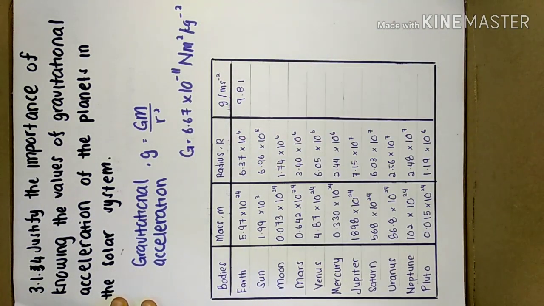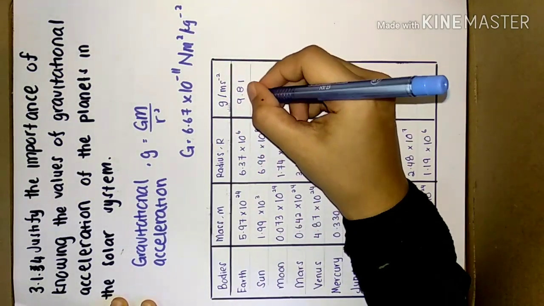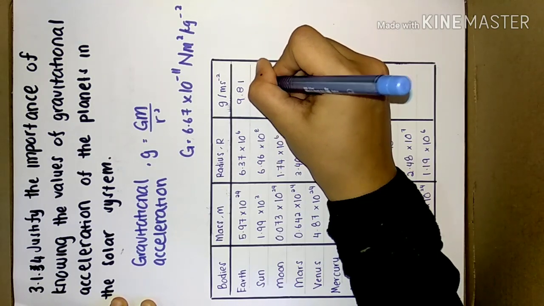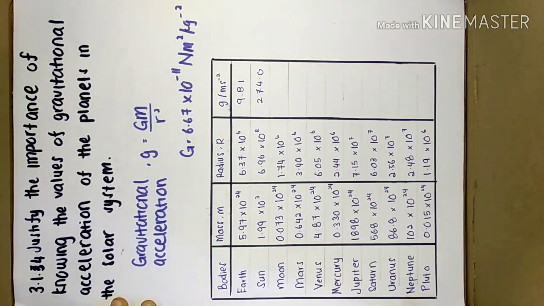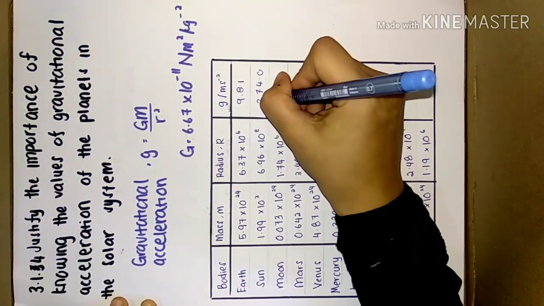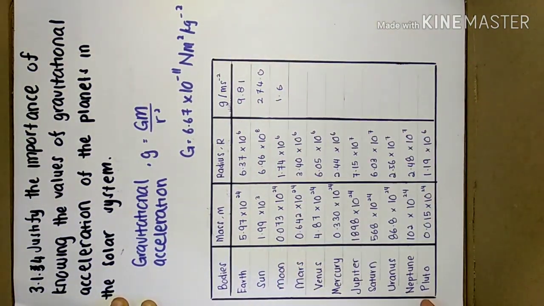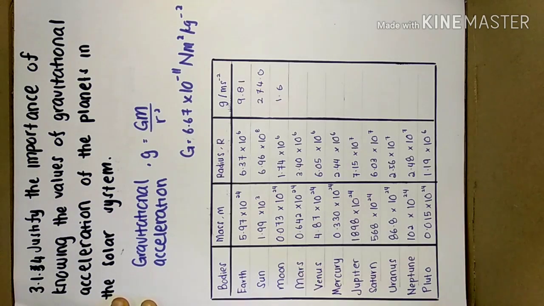Okay, so for the sun we have 274. And for the moon, we have 1.6 for the gravitational acceleration.